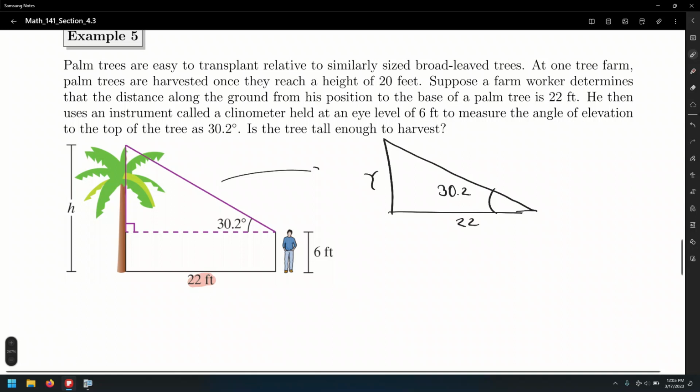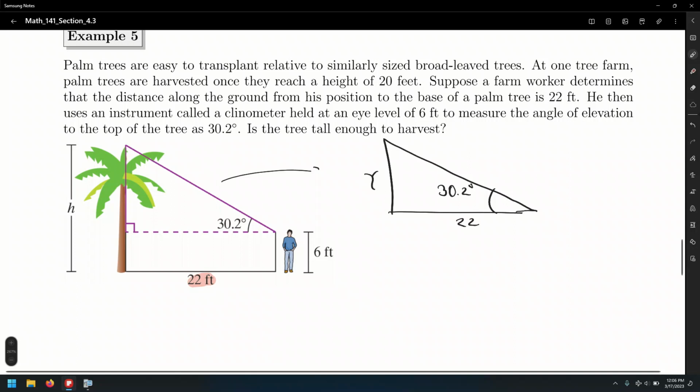So we are going to look for a trigonometric function that relates the opposite side and the adjacent side, given an angle right here, which is 30.2 degrees. I need the degree symbol, otherwise it would look like a radian. Any ideas on what trigonometric function relates opposite and adjacent?